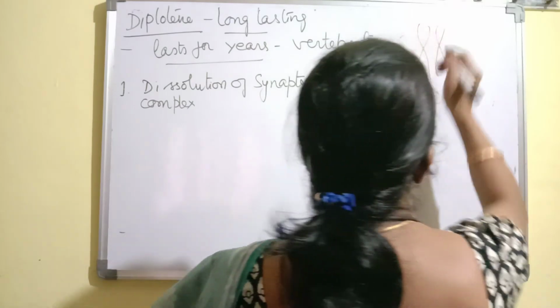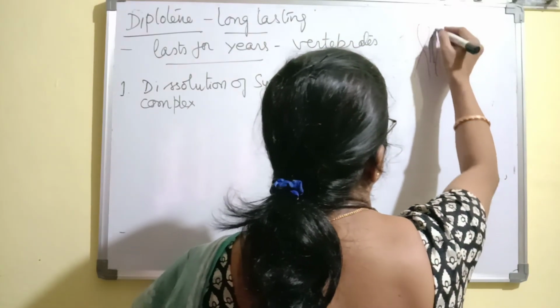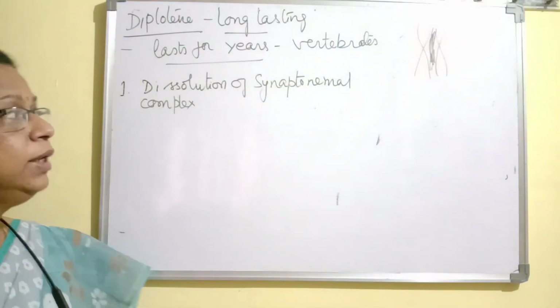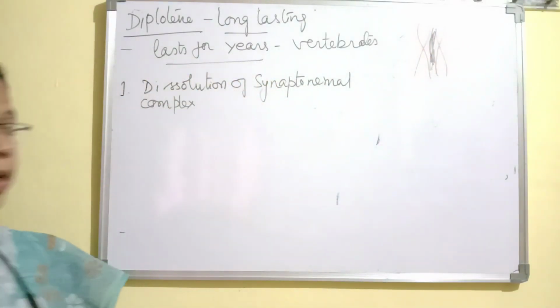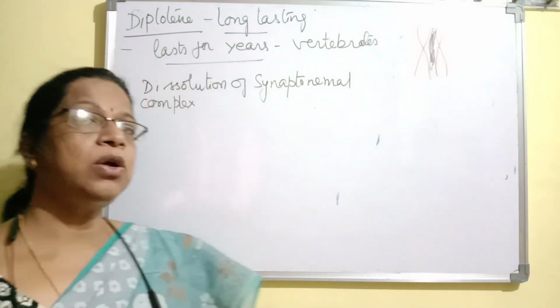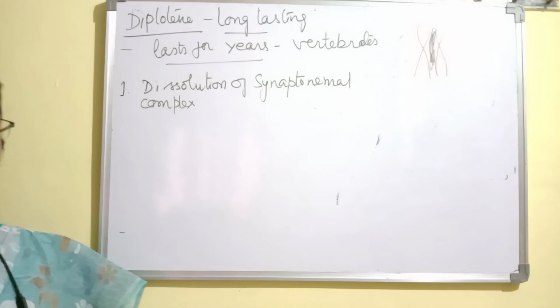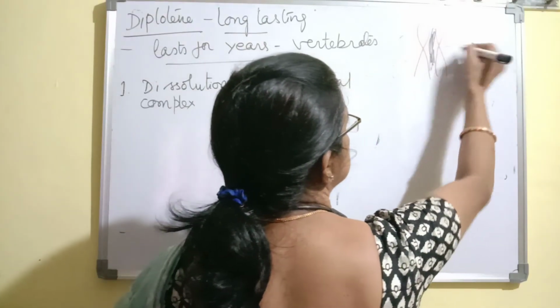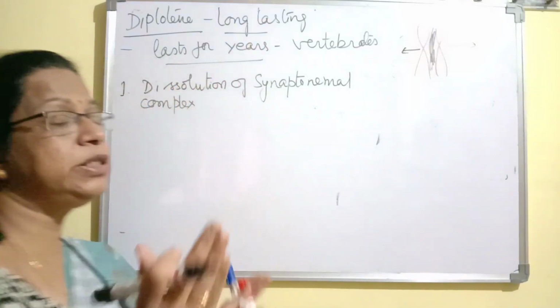Suppose this is a homologous pair of chromosomes. In between, a protein-like substance is formed, called the synaptonemal complex, and after the pachytene stage the synaptonemal complex will dissolve.